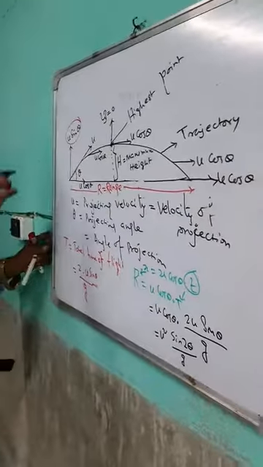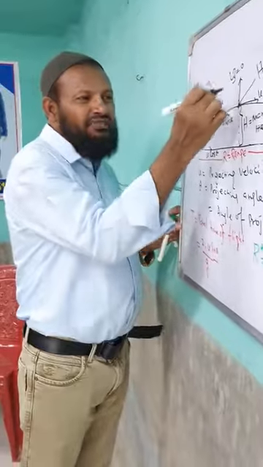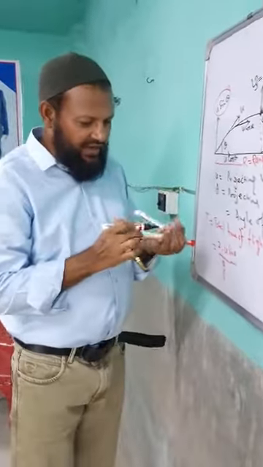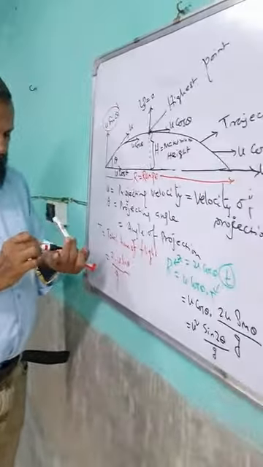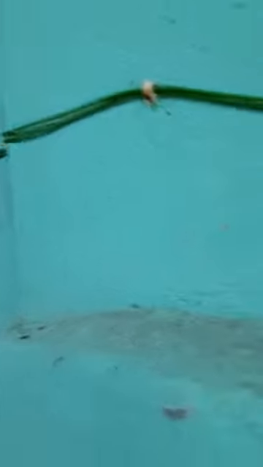Next formula: what is moving up? This is the initial velocity, final velocity Vy. We can write, please see here. You can draw it.